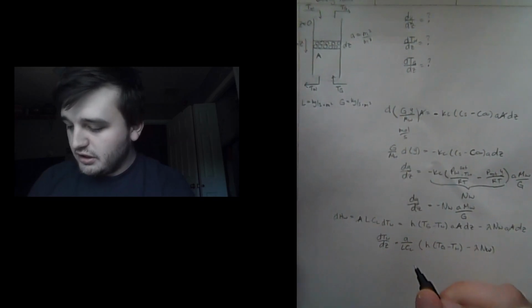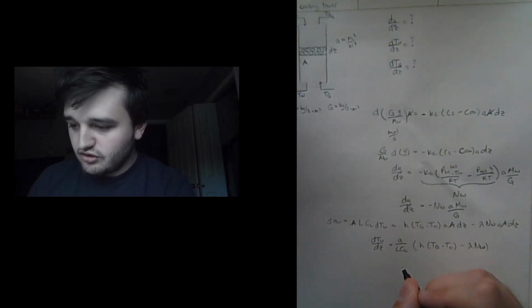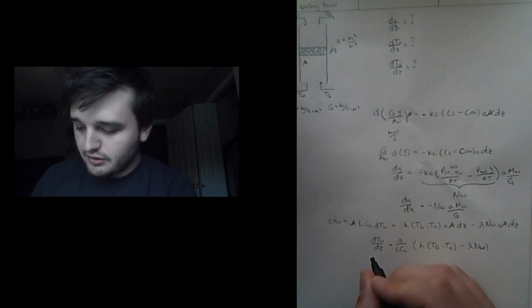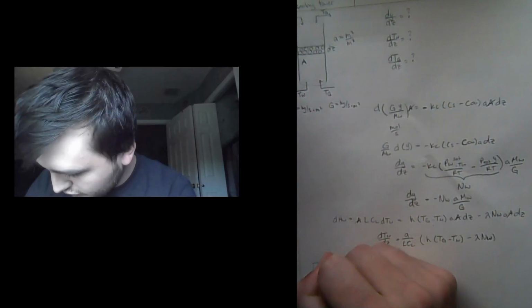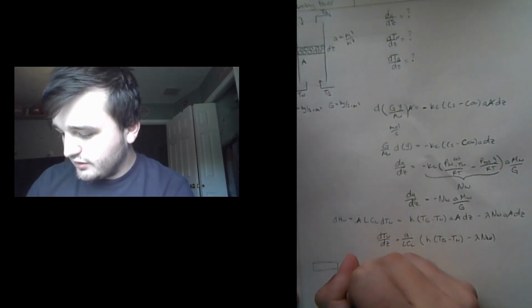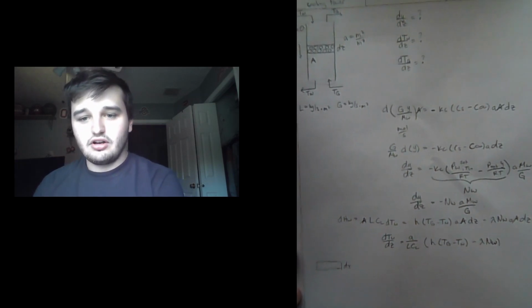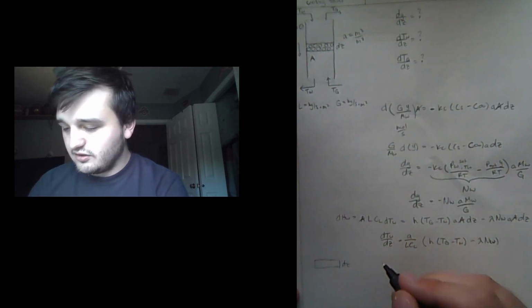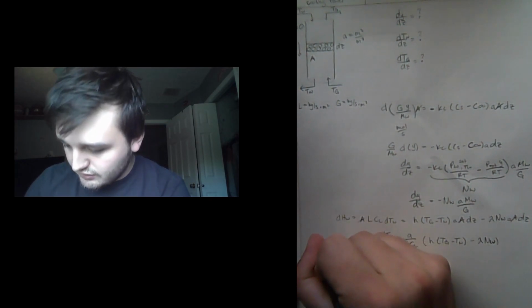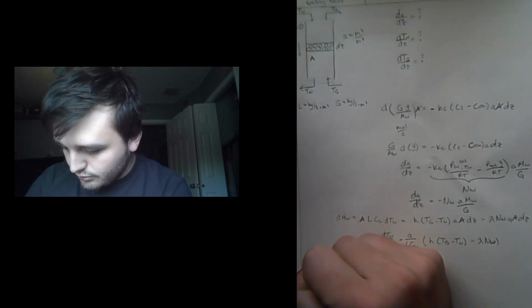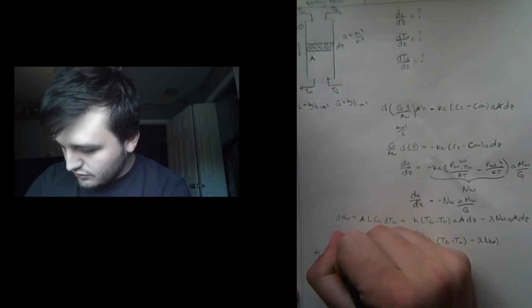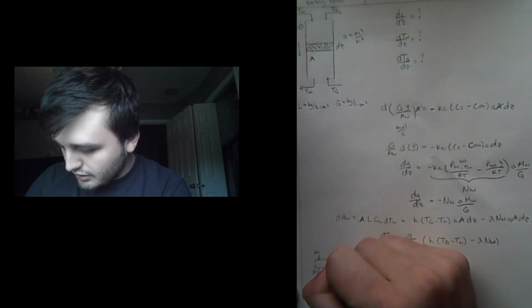To figure out the change in temperature of the air with respect to position, we essentially look at a single section of this cooling tower with a change in distance z, so dz. In this section you have the enthalpy of water going down through it, and the enthalpy of the gas or air going up through it.